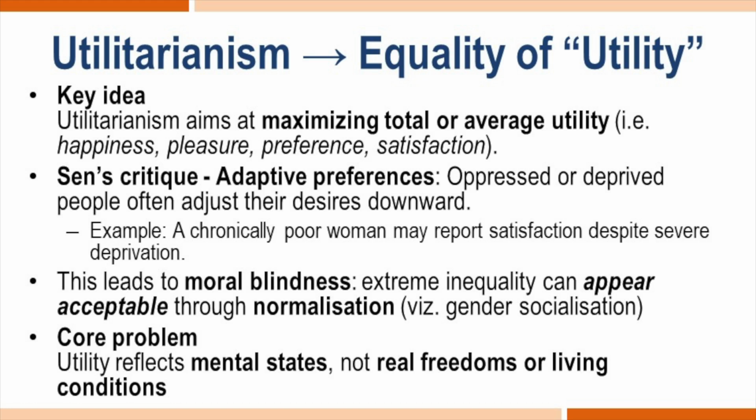And this leads to a sort of moral blindness. Extreme inequality can appear acceptable and normal, and this is done through the larger processes of gender socialization that we have already talked about. The core problem of utilitarianism is that it represents mental states, not necessarily real freedom or living conditions.